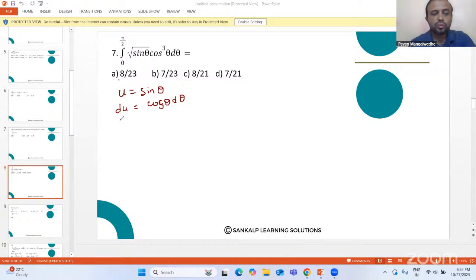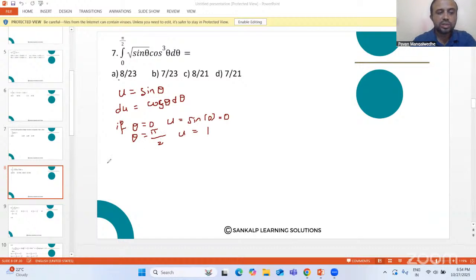If theta is 0, then u is equal to sine of 0, that is nothing but 0. If theta is pi by 2, then u will become sine of pi by 2, sine of 90 degrees, which is 1. So using this condition, you can proceed.